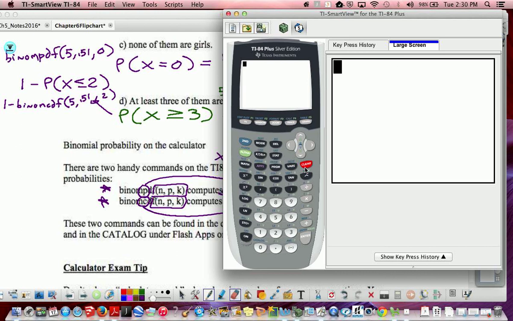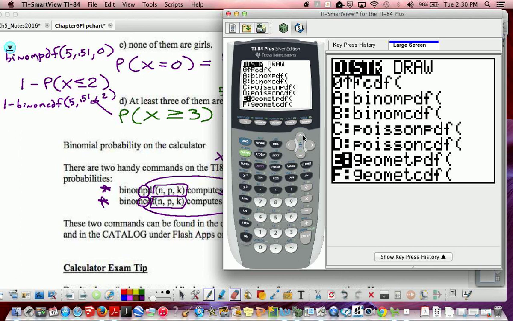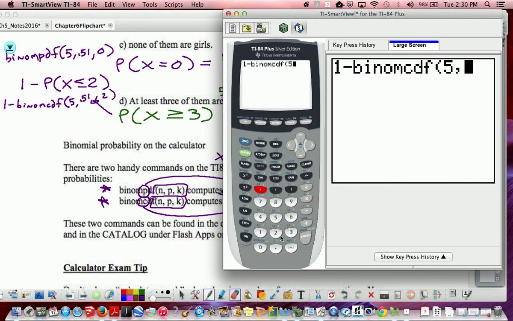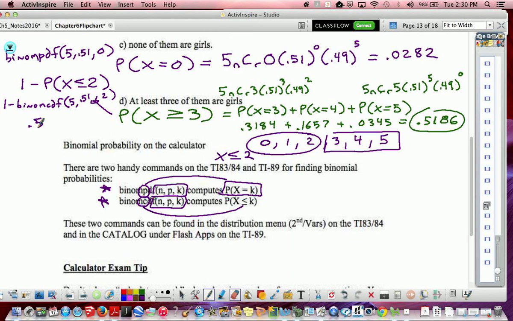So 1 minus second vars, I'm going to go to binomial CDF 5, comma, 0.51, comma, 2, close parentheses, hit enter. Notice how it's the same probability. We're off by 1/10,000 there because of rounding, would be my guess.